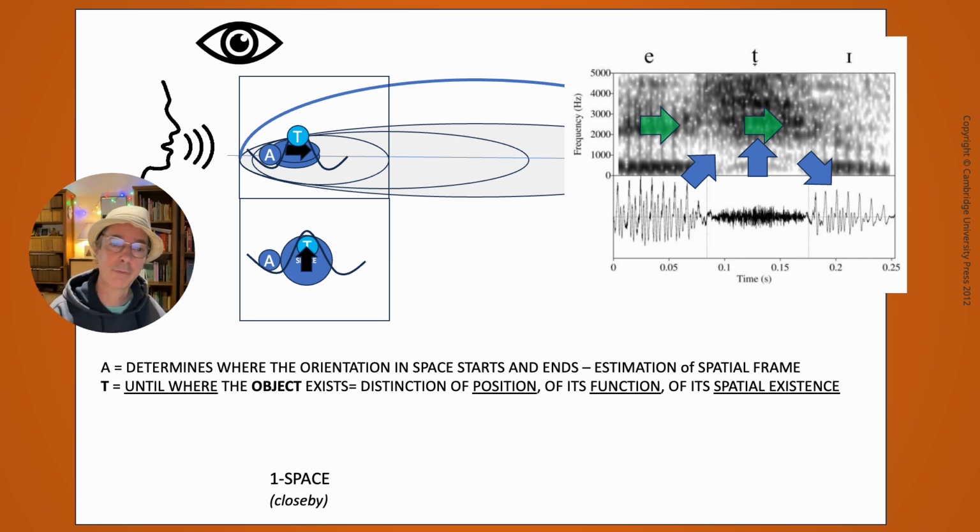And the letter influences the other letters, so that I can have this echolocalization at that moment. It also works in communication in that way. So you have the right distances, and then you can determine where more or less the spatial frame is, and from where to where it is, and I can determine finally, because of this, its position and then also its function or its spatial existence.